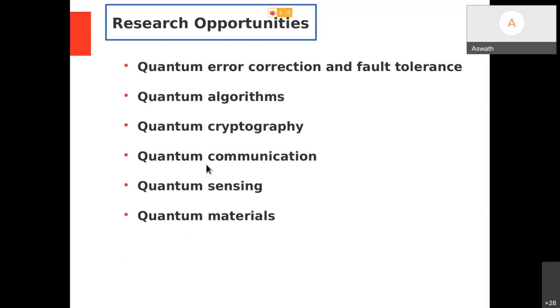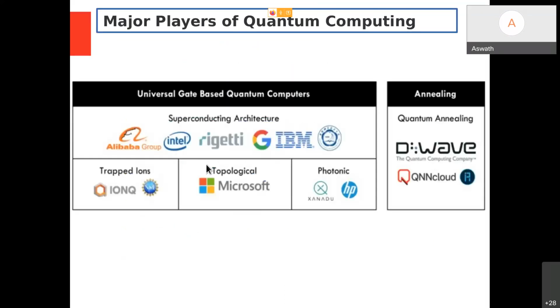Okay, so that's about it from my end, right? If I had to list out some key players in quantum computing as of now, hardware-wise, there is the quantum annealing technique. D-Wave is the one which is mainly based on quantum annealing. That is one technique.